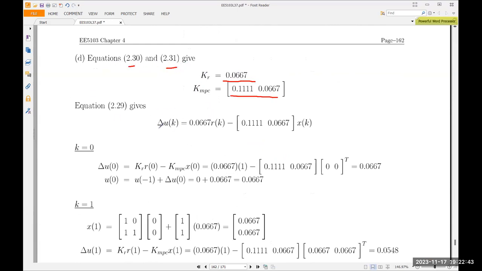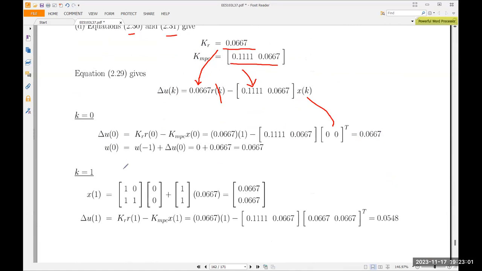So delta U calculated is using this one, this stick inside here, this stick inside here. In this question R is always 1. So when we first start, this is 0. So you calculate delta U is 0.067. So U is this one.